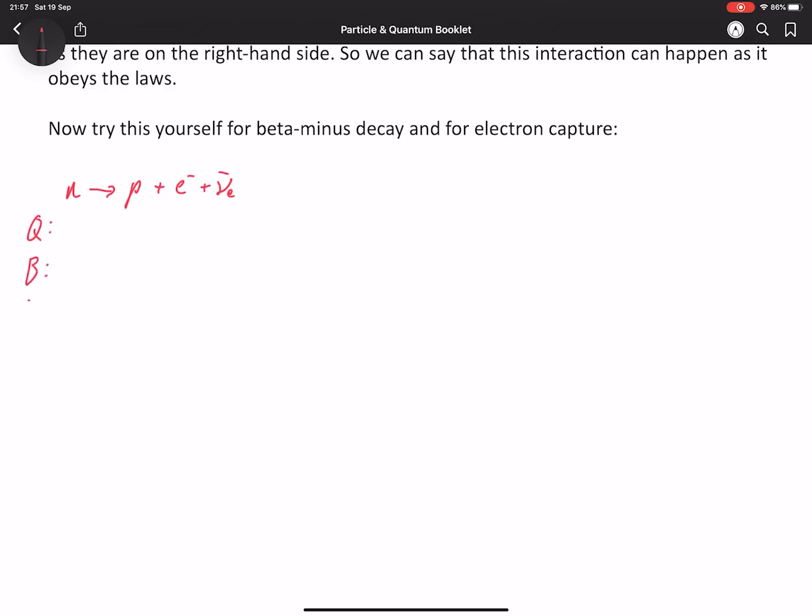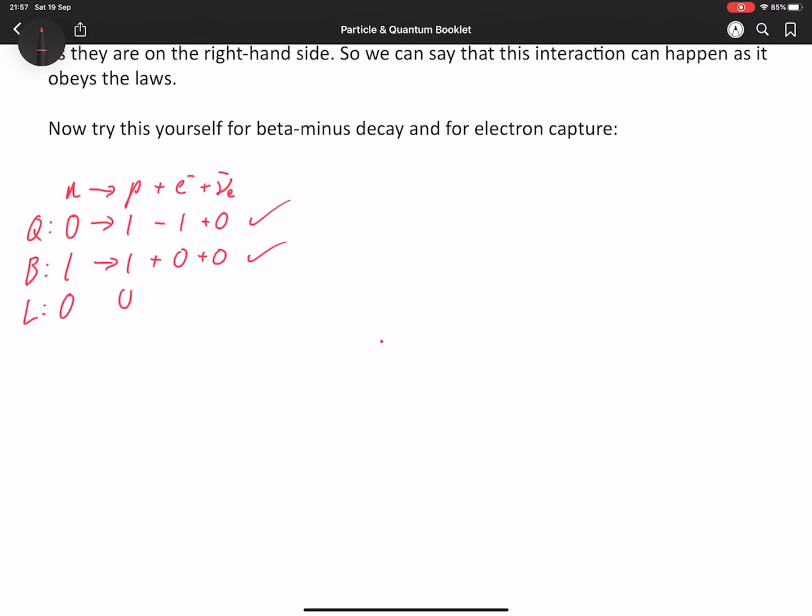So conserving, we need to check charge, baryon number, and lepton number. Sometimes they'll only ask you for 2 of these, but there's no harm in showing 3 correctly. So for charge, we go from 0 to 1, -1, and 0. Conserved. Baryon number, the only baryons are the protons and neutrons, 1 on each side, it's conserved.